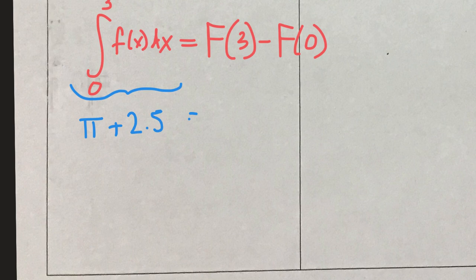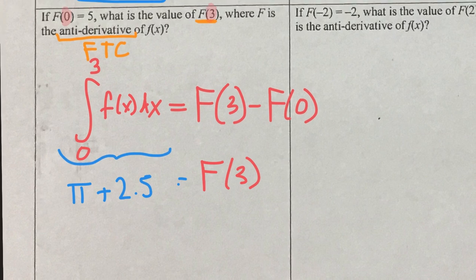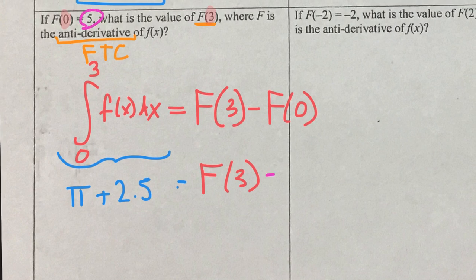F of 3 is our "variable," the thing we're trying to solve for. And we were told in our problem that F of 0 was 5, so minus 5. So we make this equation using the fundamental theorem of calculus and replacing the things that we know. This is a one-step process.